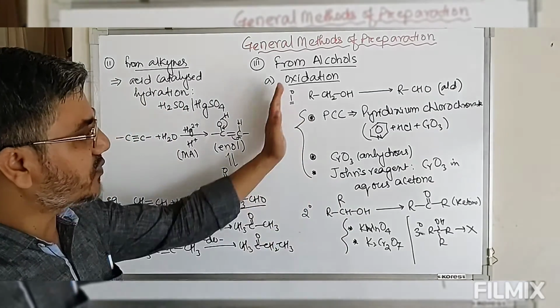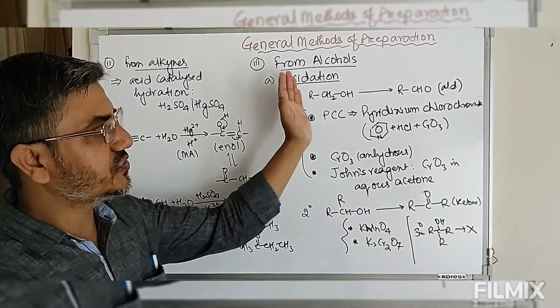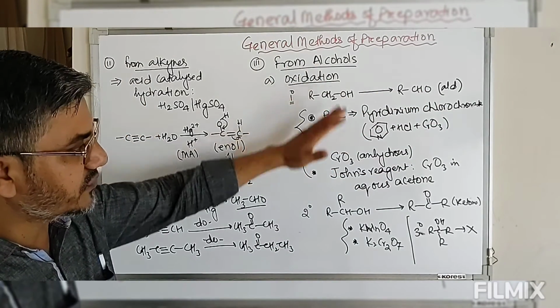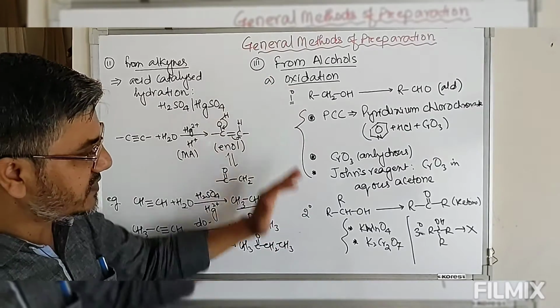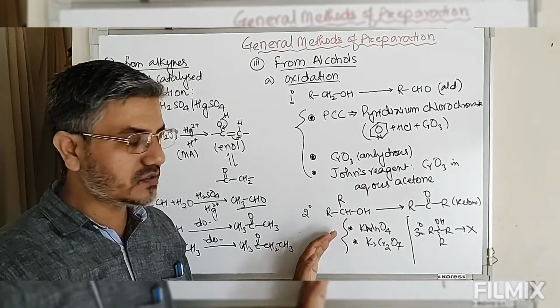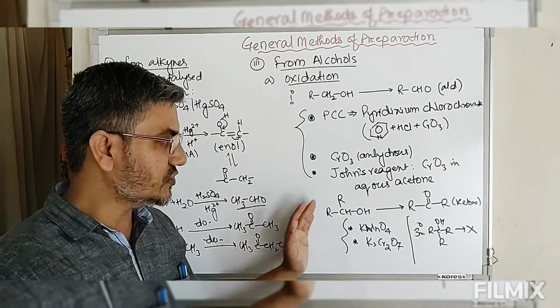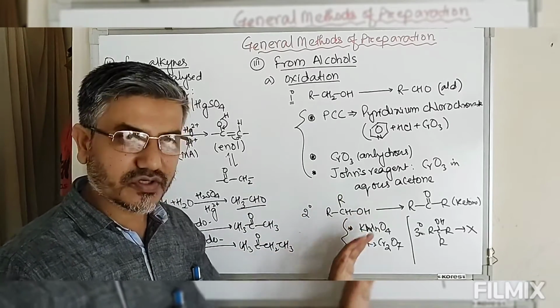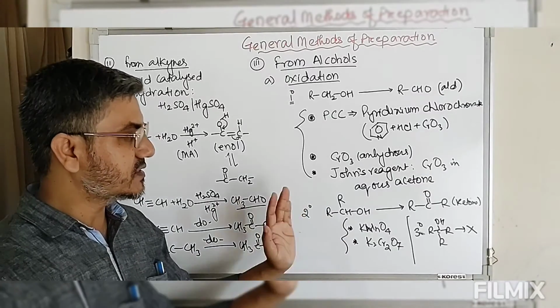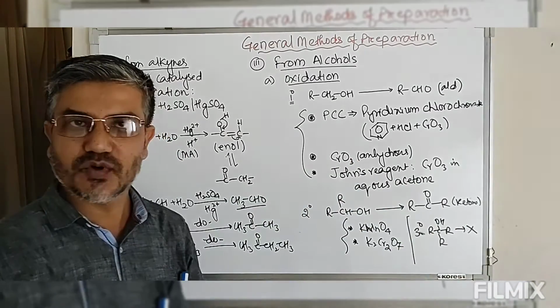Now only we can have primary and secondary. So primary on oxidation gives you aldehyde. For this we need to have a milder oxidizing agent and we have the choice of reagent. Then we have the secondary alcohol. Secondary alcohol can be oxidized to give ketones. Now look at this, to oxidize secondary alcohol we can take the stronger oxidizing agent like KMnO4 or potassium dichromate. So by use of this reagent secondary alcohol will be oxidized to give you corresponding ketone.